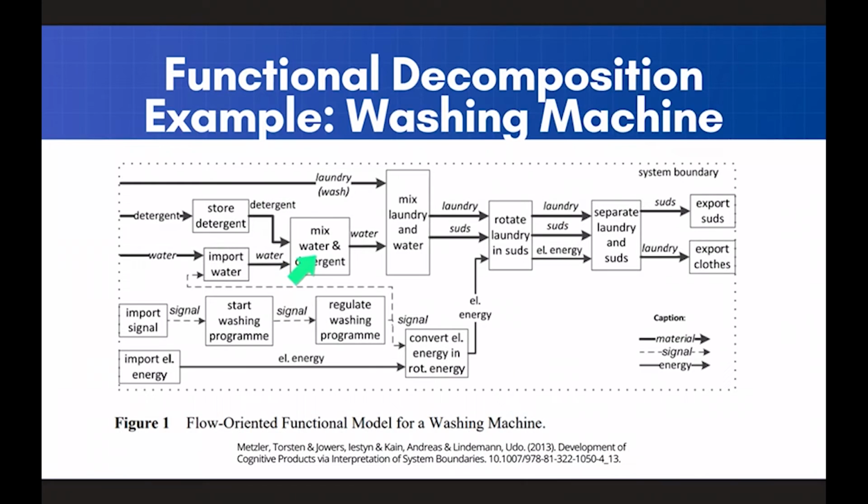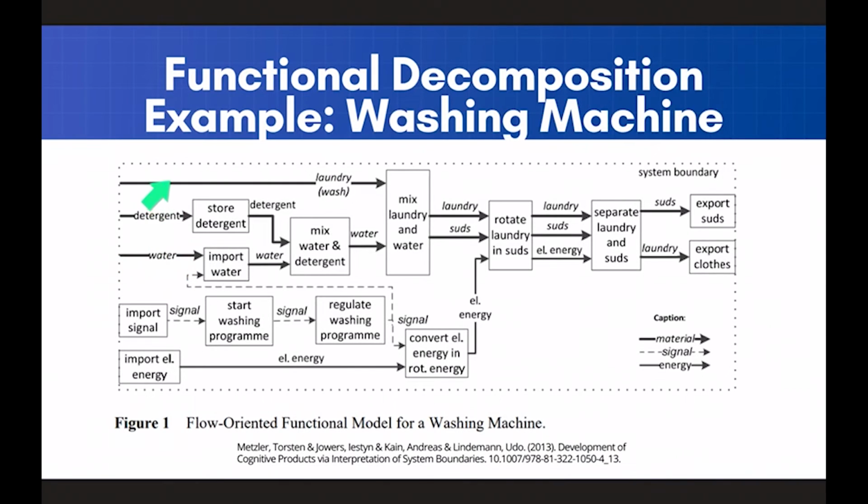And then each of the sub-functions is connected with a function flow, whether it is material, signal, or energy. The thick line is material, where the laundry, the detergent, and the water are all materials.